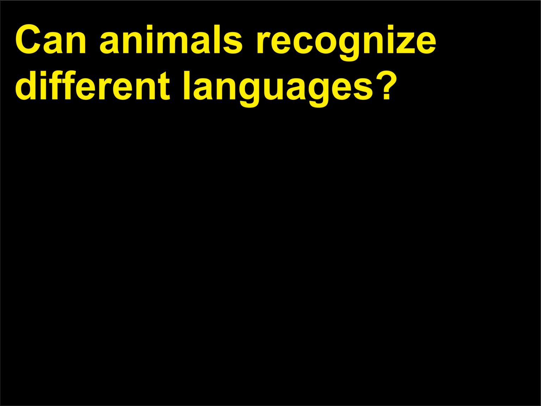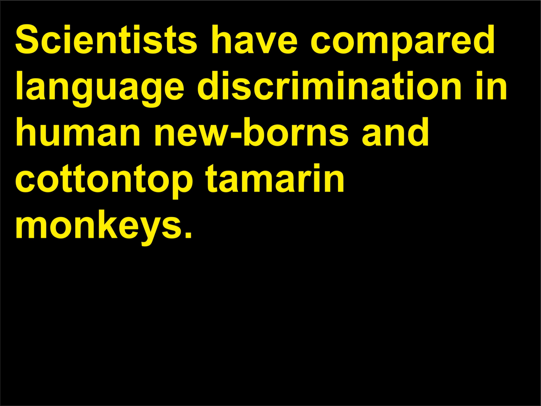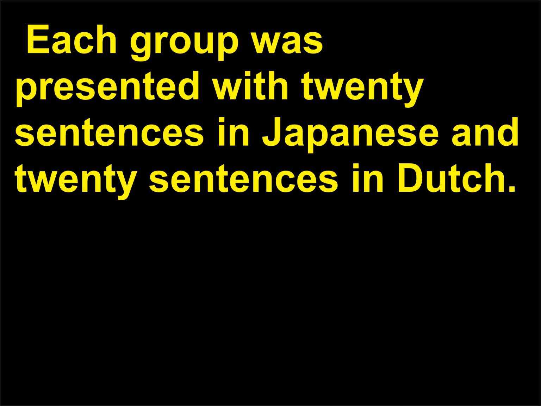Can animals recognize different languages? Scientists have compared language discrimination in human newborns and cotton-top tamarin monkeys. Each group was presented with 20 sentences in Japanese and 20 sentences in Dutch.